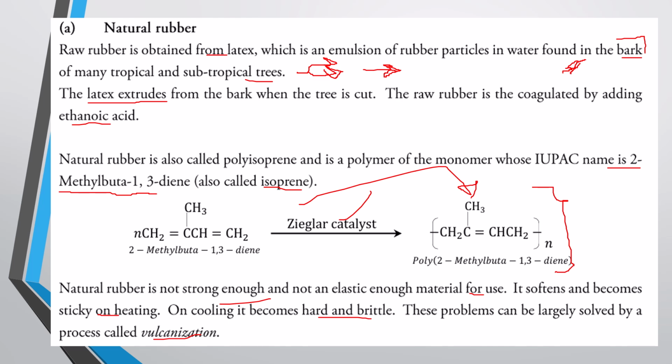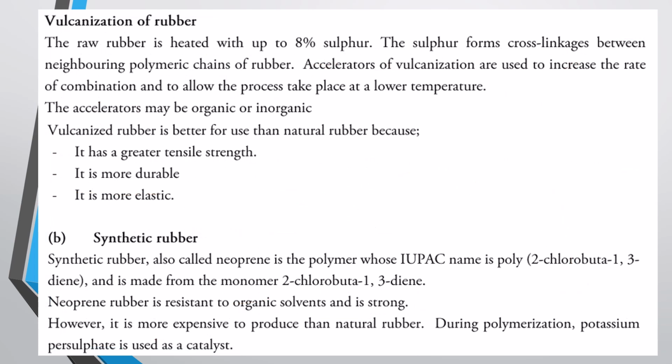Let's look at the process of vulcanization. So under this, we are going to say that in vulcanization of rubber, raw rubber is going to be heated with 8% sulfur. And then the sulfur is going to form cross linkages between the neighboring polymeric chains of rubber.